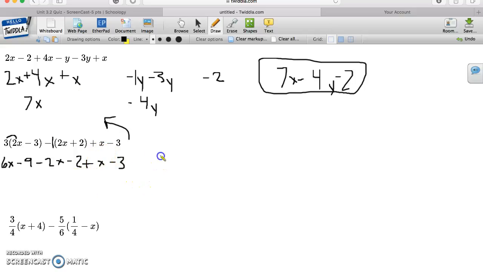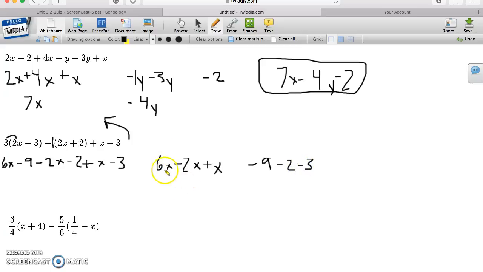So now we have 6x, negative 2x, and x. Okay, and then we have no y's, so we can just separate them into single numbers. So we have negative 9, negative 2, and negative 3.